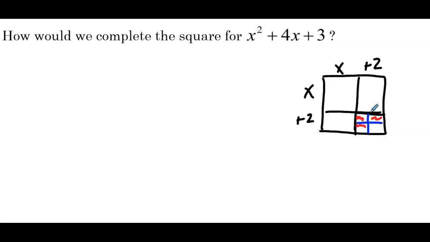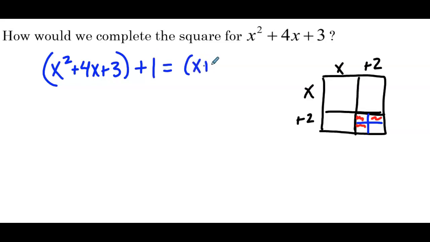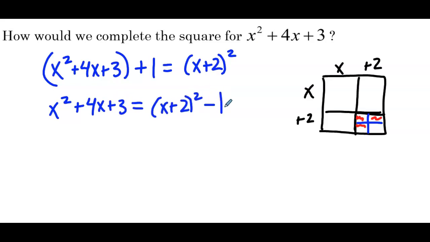So I'm missing 1. So that means if I take x squared plus 4x plus 3, I add the missing block, then I would wind up with x plus 2 squared. Okay, so that means that x squared plus 4x plus 3 is equal to x plus 2 squared minus 1.